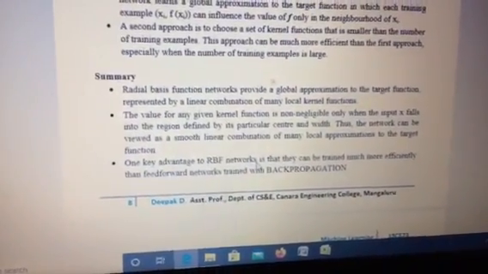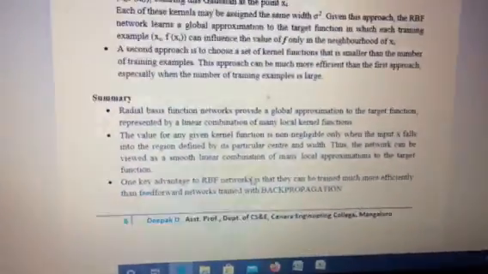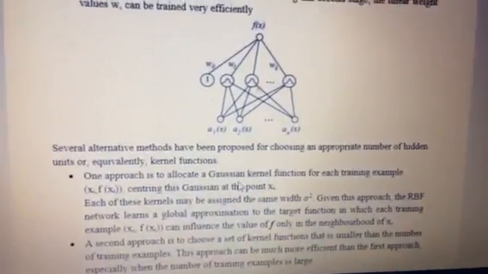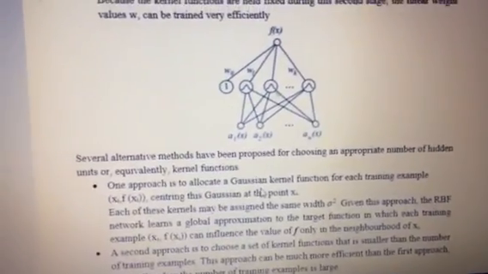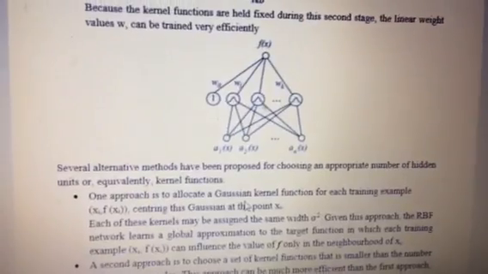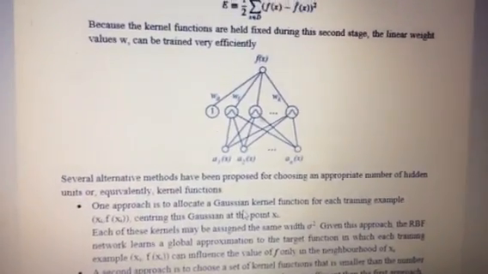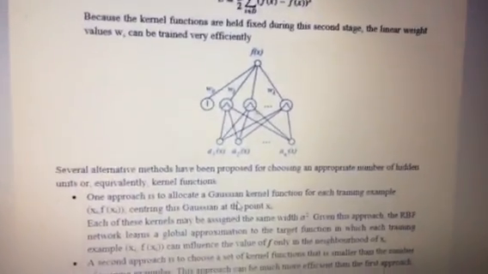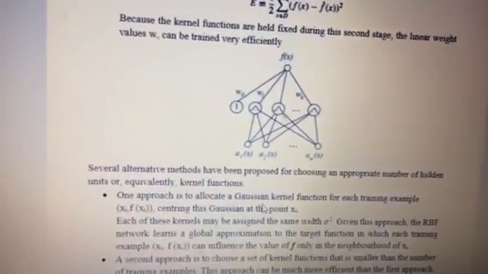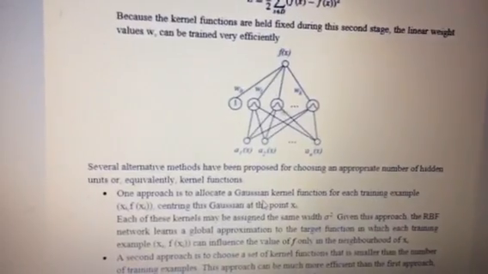So the combination of these is going to work. It is shown in the example figure here. Here a1 of x, a2 of x up to an of x are the inputs that we are considering. That means we are considering here the global space, not the local space as in locally weighted regression.